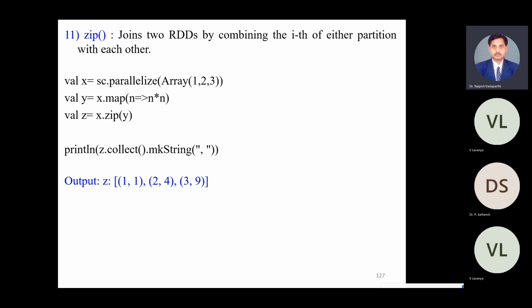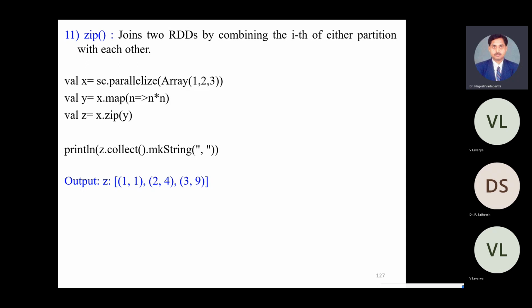Now I am taking the x input variable, sc.parallelize of Array(1, 2, 3), and the y input variable, x.map(n => n * n).